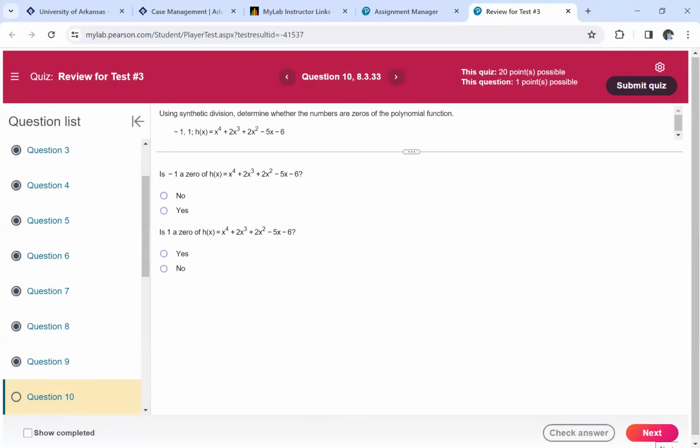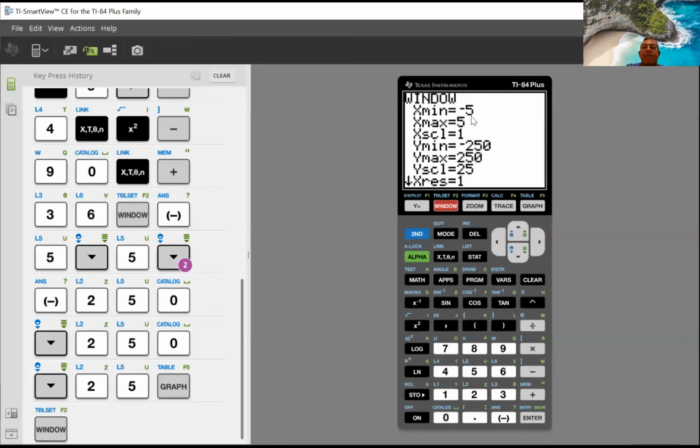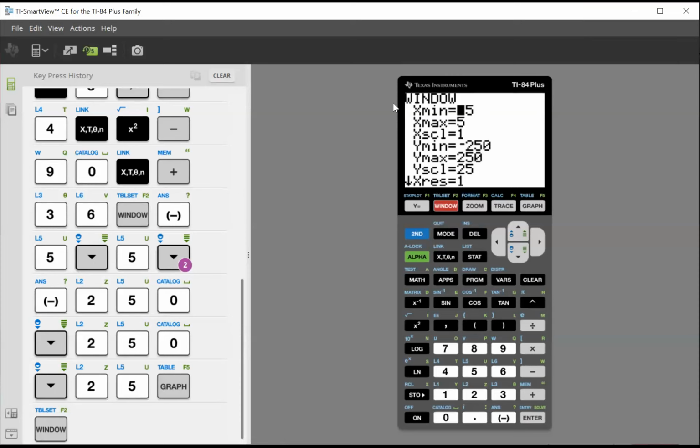Mr. Eugene, can you tell me what you set the Y min as again? On my Y's, let me pull my calculator up. On my window, I had -5 for the X's, and then that one was -250, +250. Okay, hold on. Oh, so you didn't put the 10. But look at this.